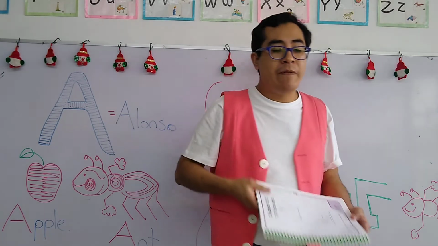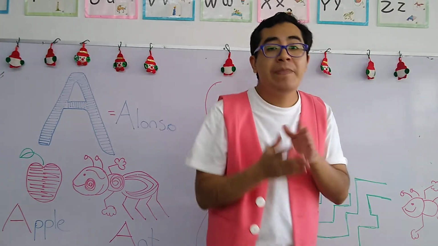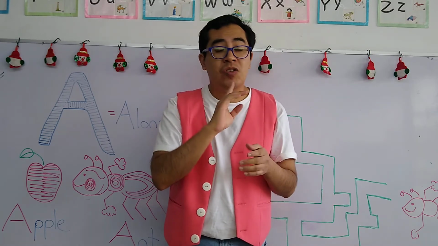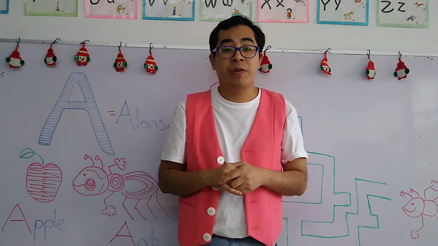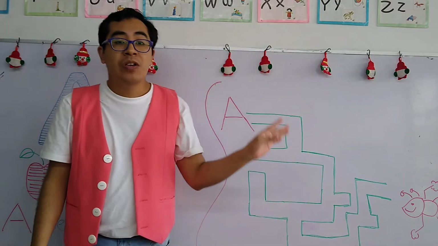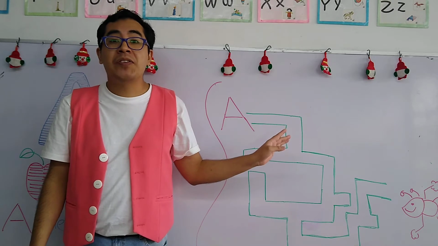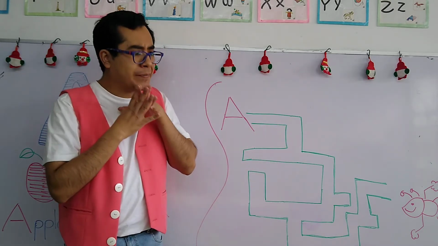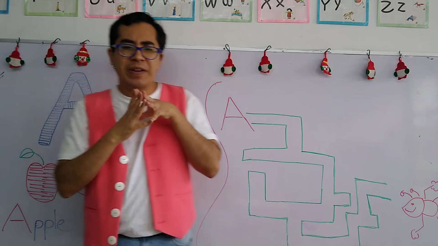Very good. Now, before we go, once again, I have prepared an activity for you that is not part of your textbook, okay? This is an extra activity, and it's right here. So what we have here, it's a maze. In Spanish, we call it, what was the name of it in Spanish?